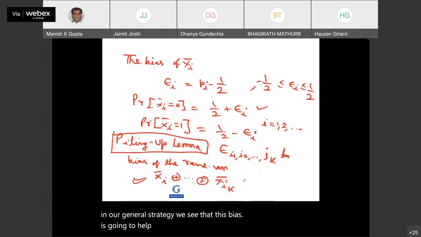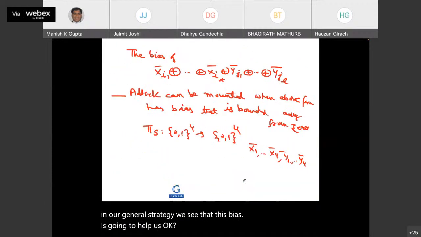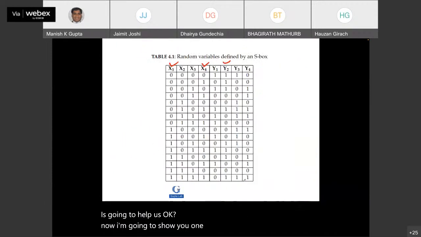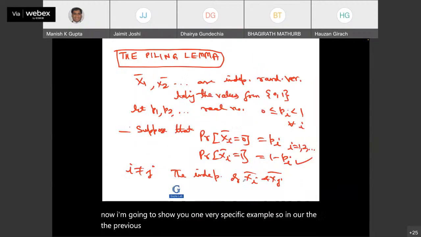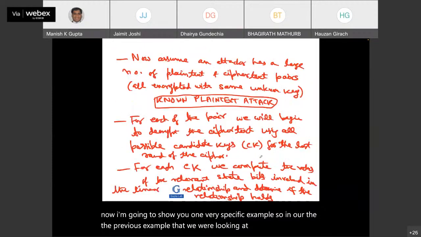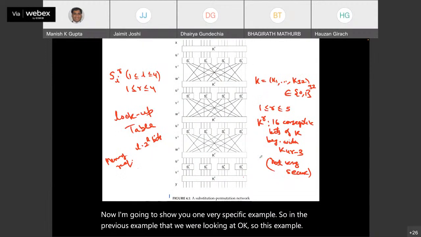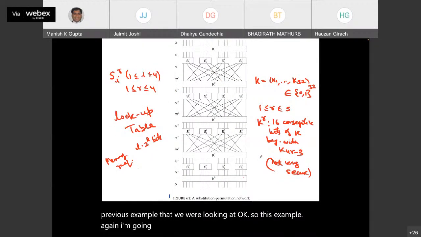Now I'm going to show you one very specific example. In the previous example that we were looking at, I'll show you a linear attack on this SPN. So how do we do this?